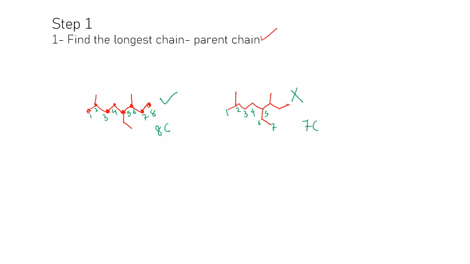And now suppose the molecule is like this. Let me show you this one. 2, 3, 4, 5, 6, 7, 8. And you have a branch here, and a branch here. Okay. And if the molecule is drawn like this, 2, 3, 4, 5, 6, 7, 8. And the branches are here, suppose.